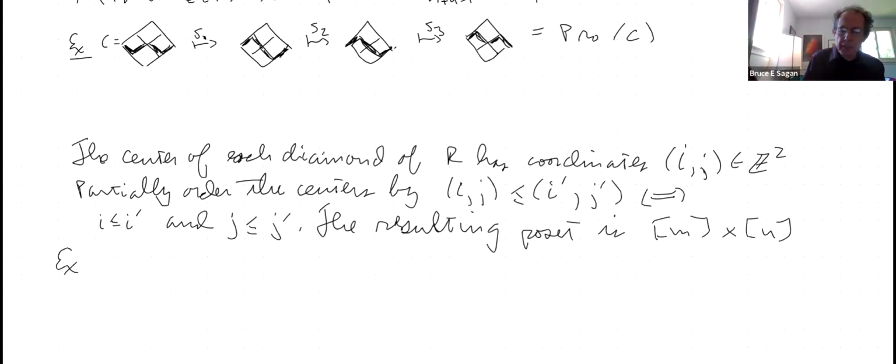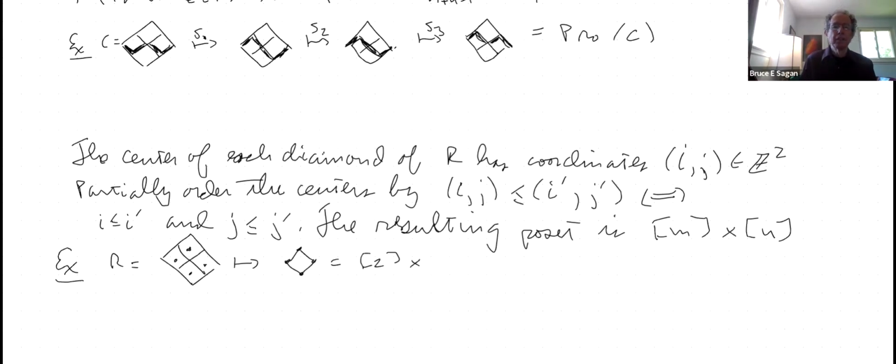Our rectangle looked like this, and now we put a point at the center of each square and we order them. It gives us this, which is 2 cross 2. Everybody see how we're getting this poset?